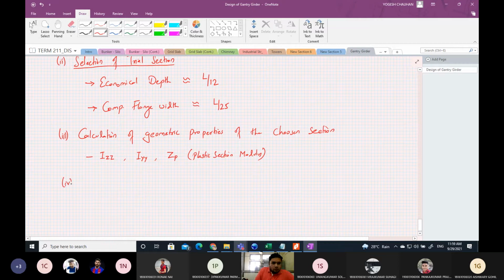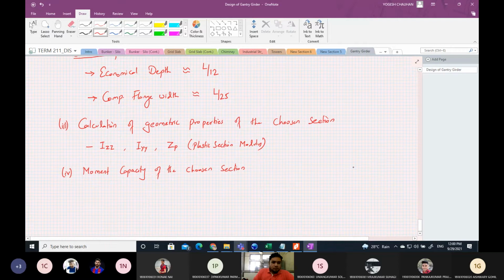Then next step, we find the moment capacity of the section. And then we perform certain checks. See, this design moment should be such that our moment of resistance, MR, should be greater than or equal to the moment.